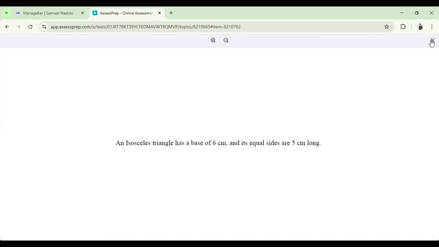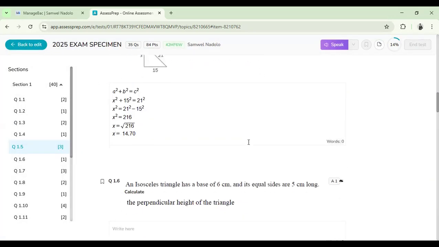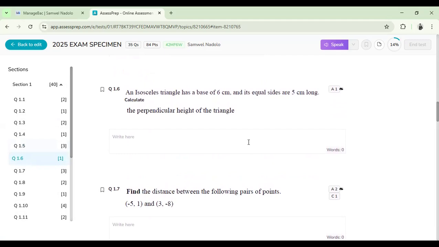And insert. Next question. An isosceles triangle has a base of 6 and its equal sides are 5 centimeters long. Calculate the perpendicular height of the triangle.